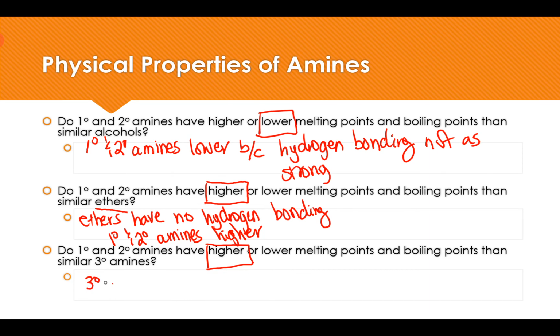And so we're going to write tertiary amines, no hydrogen bonding. And so therefore the primary and secondary amines, since they are capable of hydrogen bonding, will have the higher melting point and boiling point.